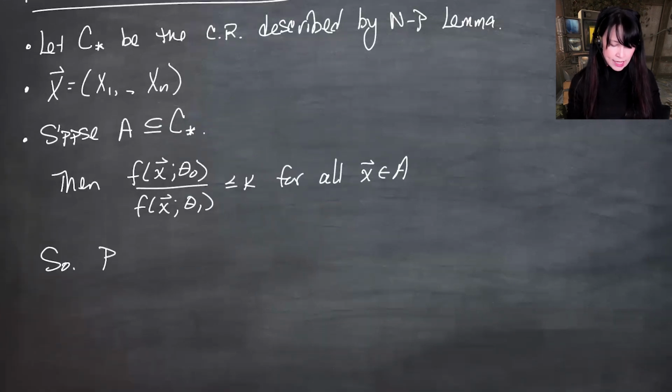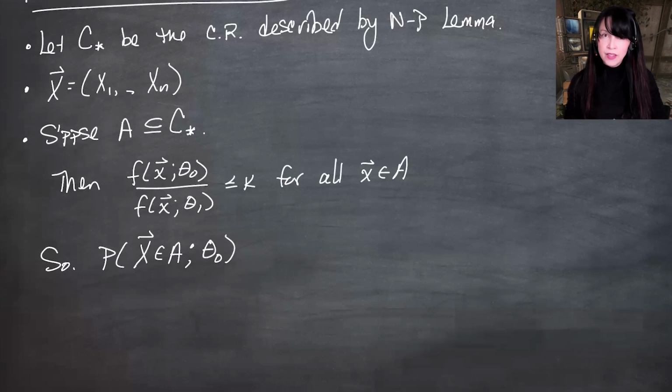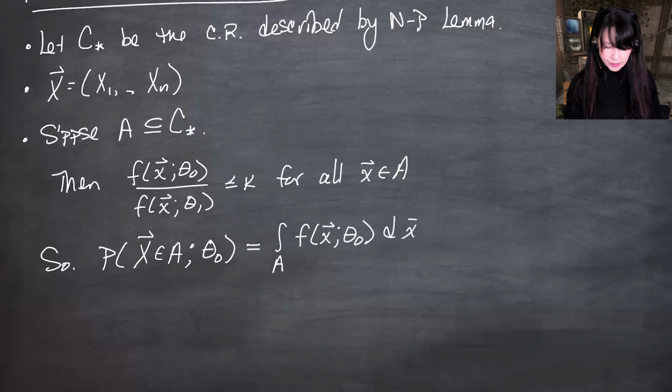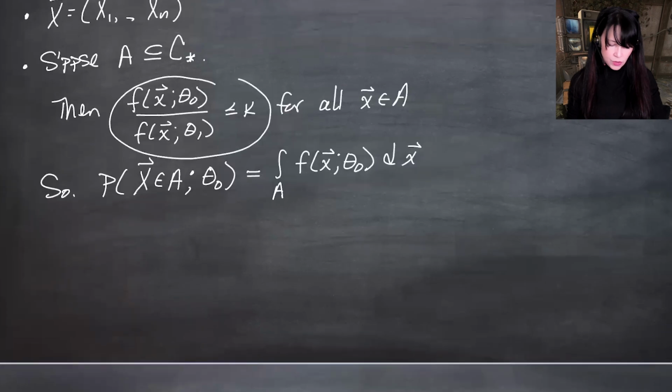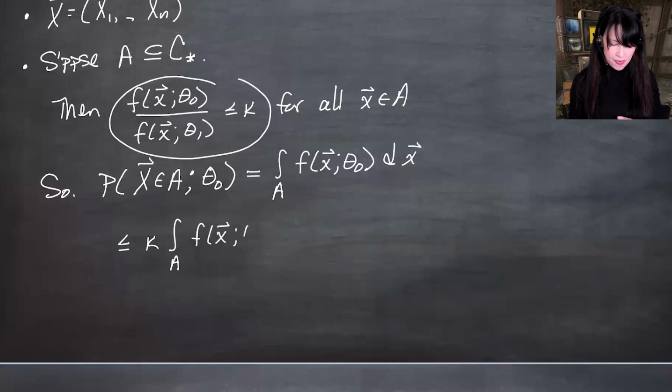And so we can say the probability that the random vector of capital X's is in A when the null hypothesis is true, the definition here in our new notation, is the integral over A of f of the vector of x and theta naught dx. And if x is in A, we have this inequality. So that means this whole thing is less than or equal to k times the integral over A of f of x and theta 1 dx.